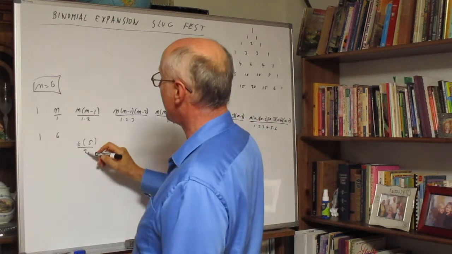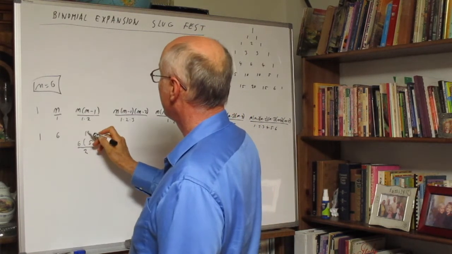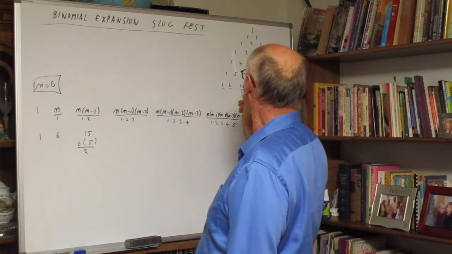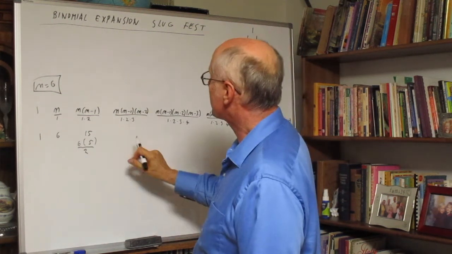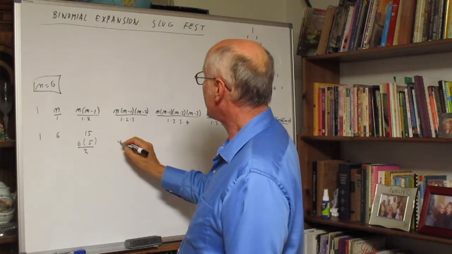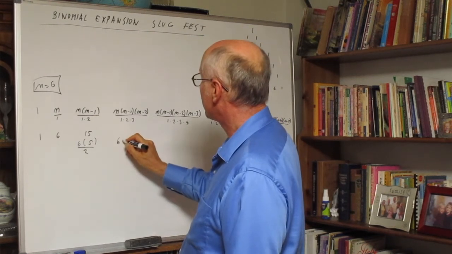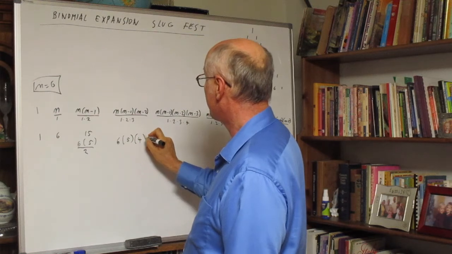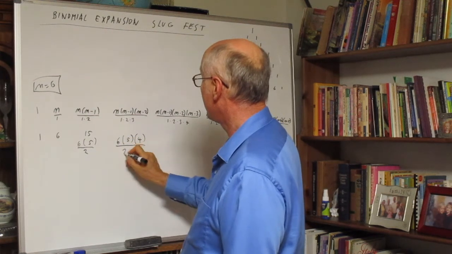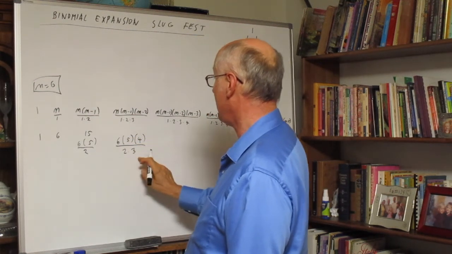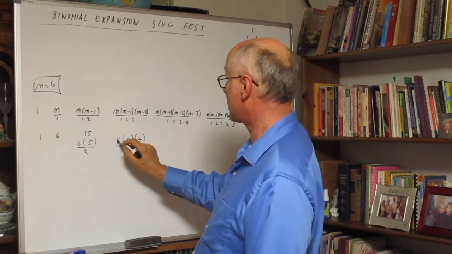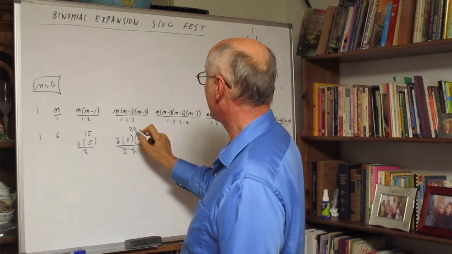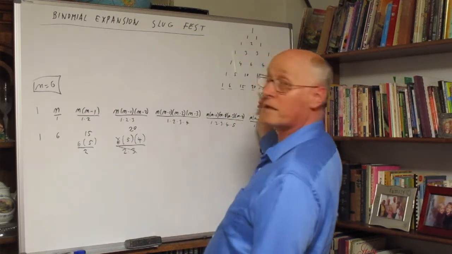Well, that's 3 times 5, which is 15. That's this guy. Next, 6 times 5 times 4 over 2 times 3. 2 times 3 is 6, so that's 20. That's this factor right there.